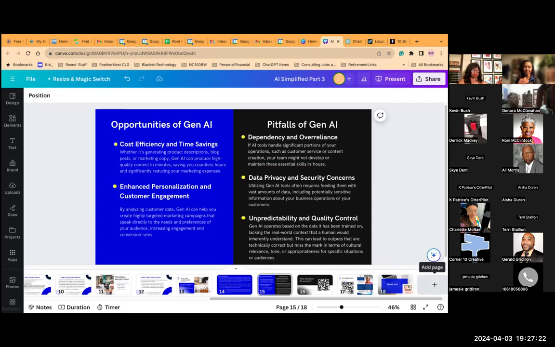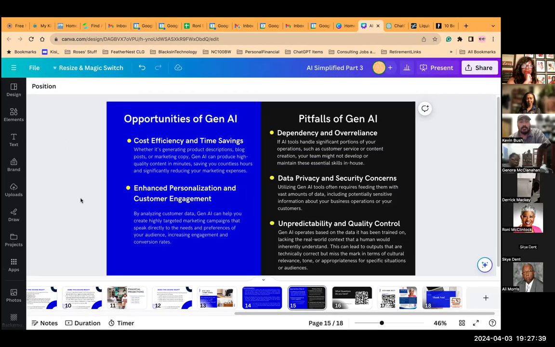Awesome. So just wanted to close with this: there are opportunities for generative AI, and there are some pitfalls. It can save you time, it can save you money. You can create more engaging communications. It can help you streamline your messaging. Some of the pitfalls: you want to be careful.